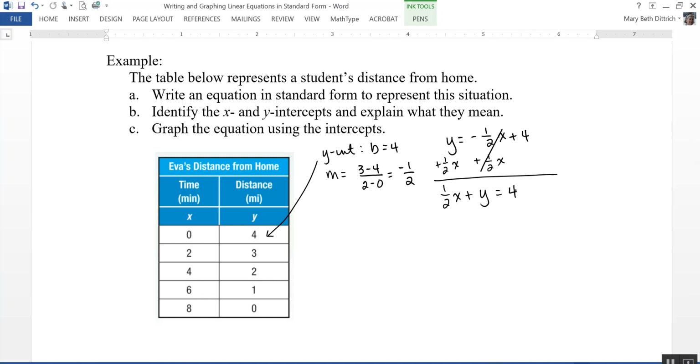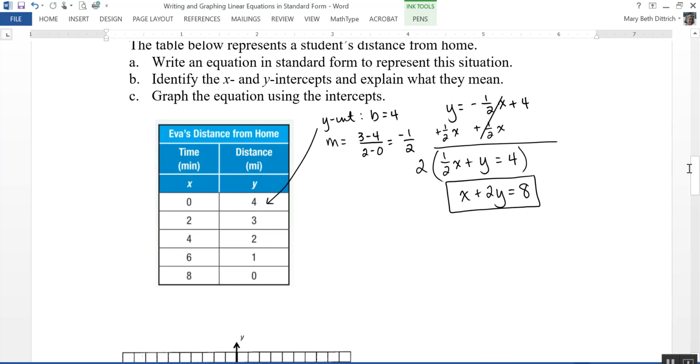They cannot be fractions. So I need to do a little fraction busting here, and I need to get rid of this 1/2. So I'm going to multiply the whole equation by 2, which is the denominator here, and distribute that 2 to give me x plus 2y equals 8. So there's my answer to part A. There's my equation that represents this situation in standard form.